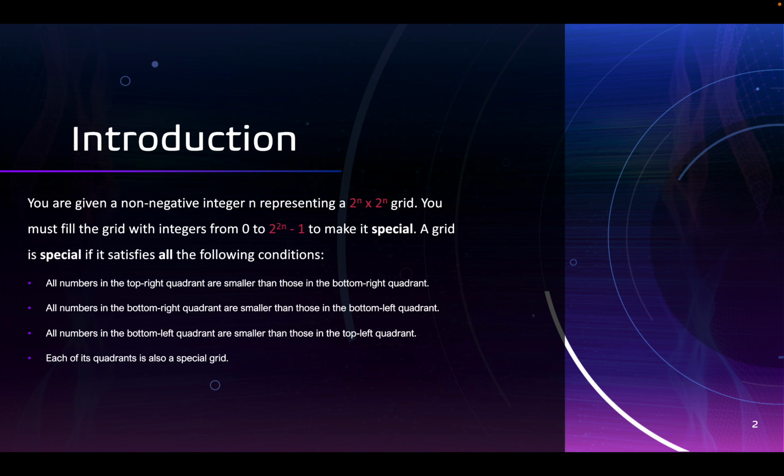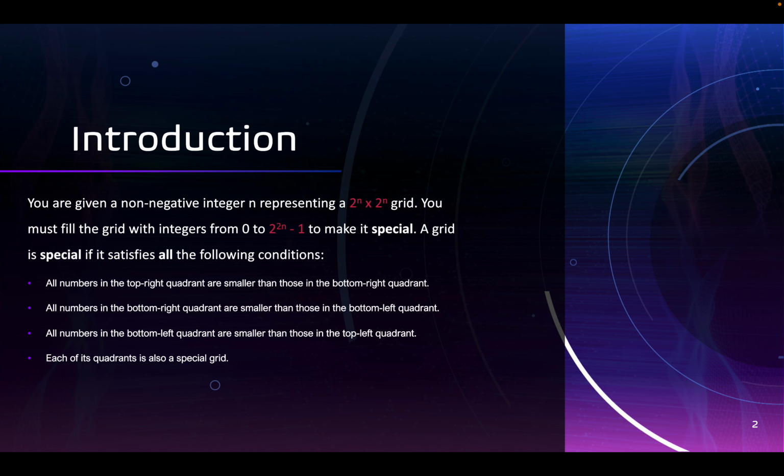When you have a matrix that must be filled with special rules, this time you must think about the divide and conquer technique to make special matrices by a recursive technique.